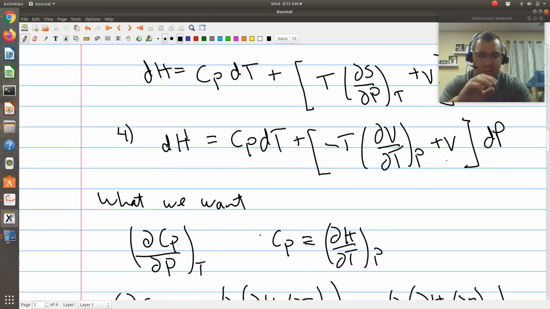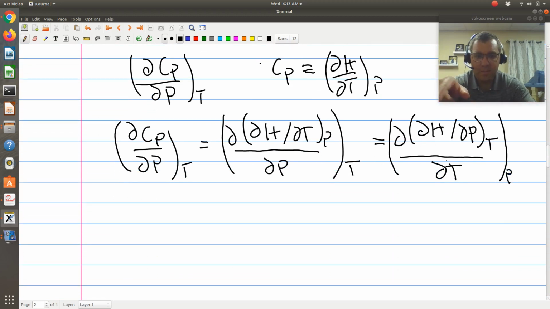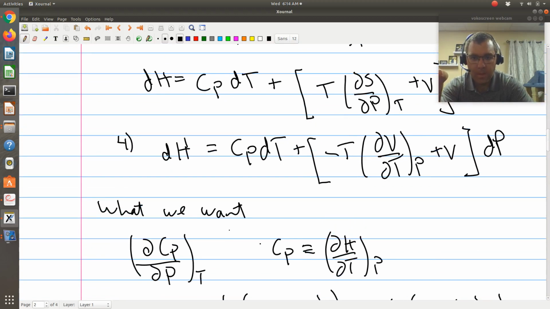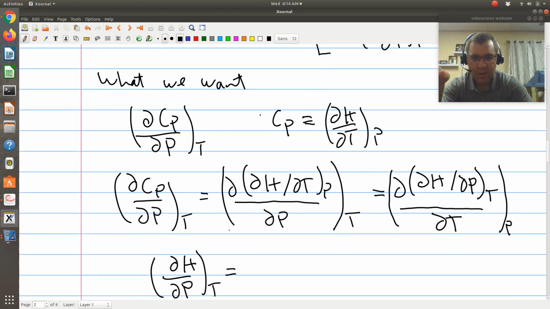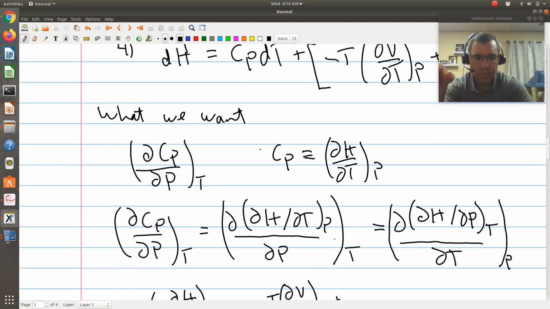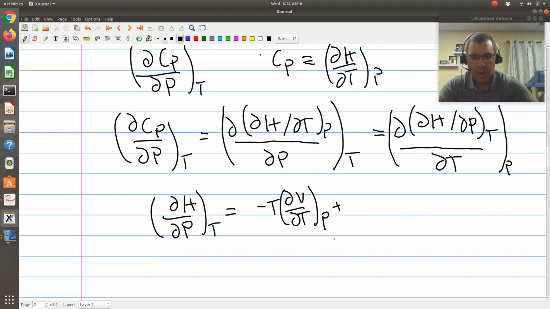Then that second term in brackets is equal to dH/dP at constant T. So we have dH/dP at constant T equal to negative T dV/dT at constant P plus V.